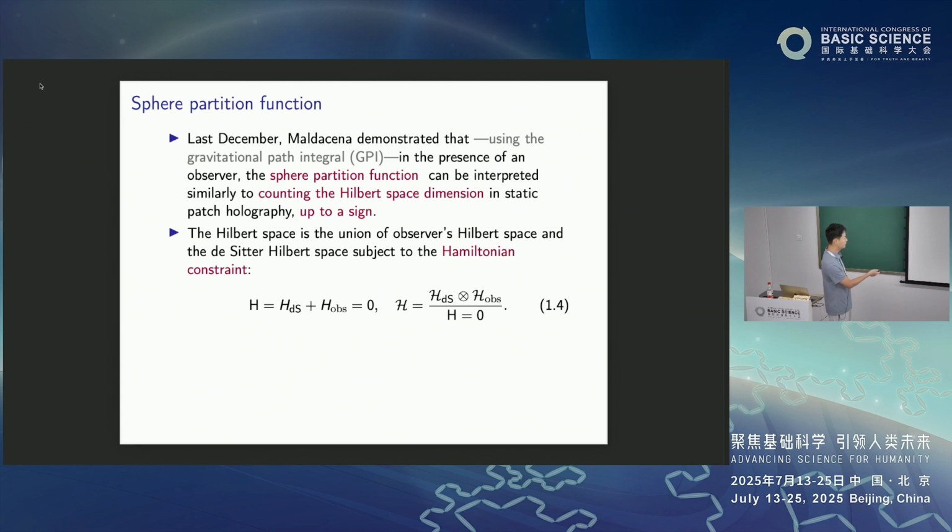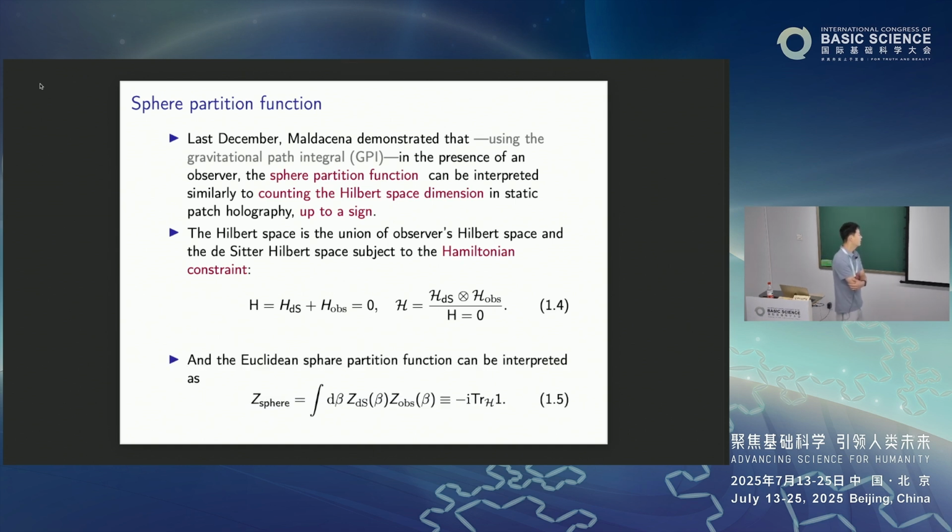So this H means the total energy of the static patch, which includes the putative energy of the de Sitter patch and the energy of the observer. The physical Hilbert space is given by this product with the Hamiltonian constraint imposed.